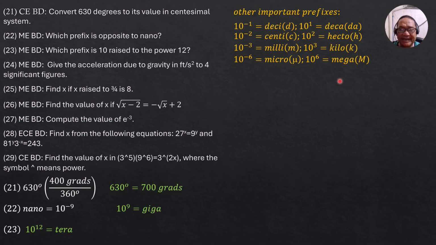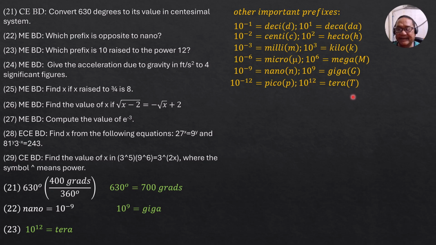Next is 10 to the negative 9, which is the nano, denoted by n, and 10 to the positive 9 is giga, which is capital letter G. 10 to the negative 12 is called the pico, p. 10 to the positive 12 is the tera. 10 to the negative 15 is the femto. And 10 to the positive 15 is the peta. So take note of that. Femto is denoted by f, peta by capital P.